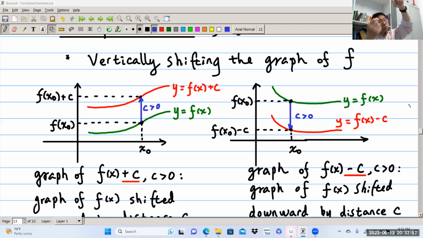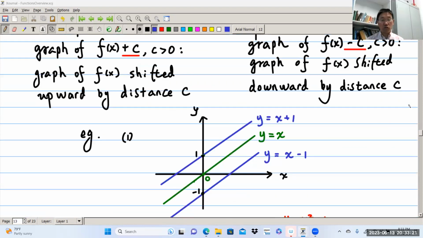This is true for any point on the graph of f of x. So basically, the graph of f of x plus c can be obtained by shifting the graph of f of x either upward or downward by c units, depending on whether you add c or subtract c. That's something I think you know. It's called a vertical shift.